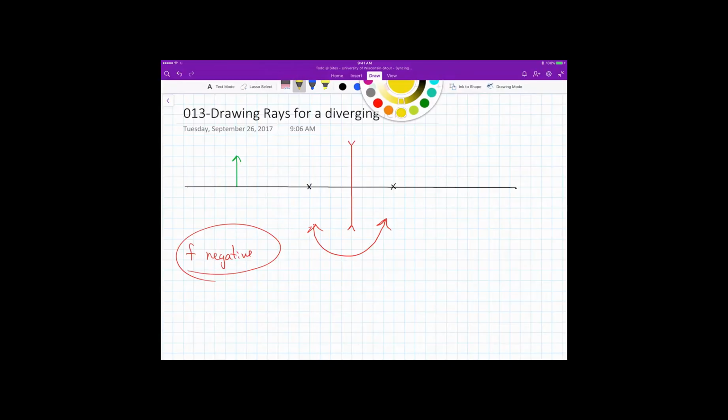So the first ray we're going to draw is the one that goes through the center of the lens that is essentially undiverted. Then, to find the ray that goes through the focal point, because we have a negative focal point, we are going to use the far focal point to line up.